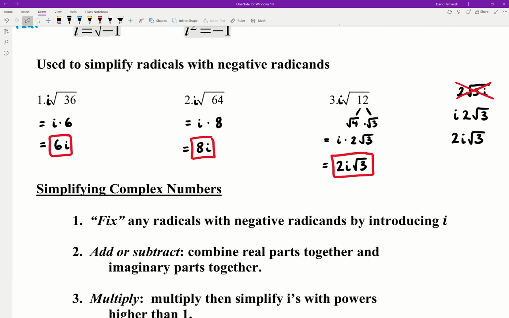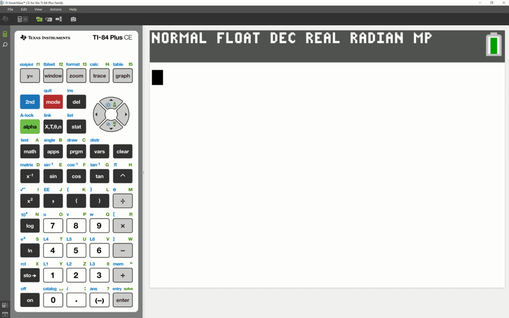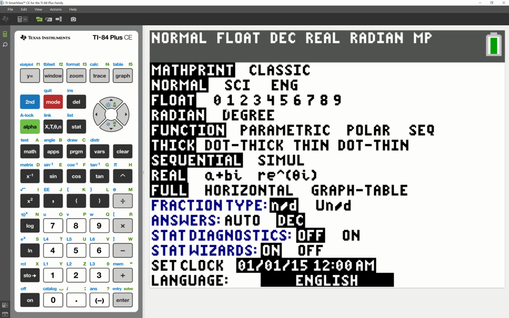Okay, I want to take this over to the calculator here really quickly because if your calculator is in the proper mode, it can actually be used to check all of these answers for you. So to change the mode of the TI-84, we're going to click this mode button that I have highlighted over here in red. If you click that, it's going to bring you up to a big menu, and what we want to do is use our down arrow button until we get all the way to this row right here, which is going to say real in the first part, and it's going to have that highlighted background because that means that my calculator is in the real number mode.